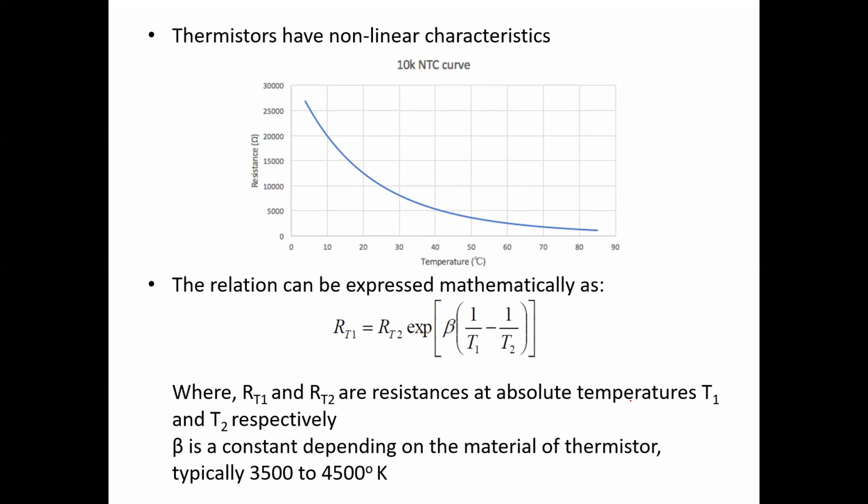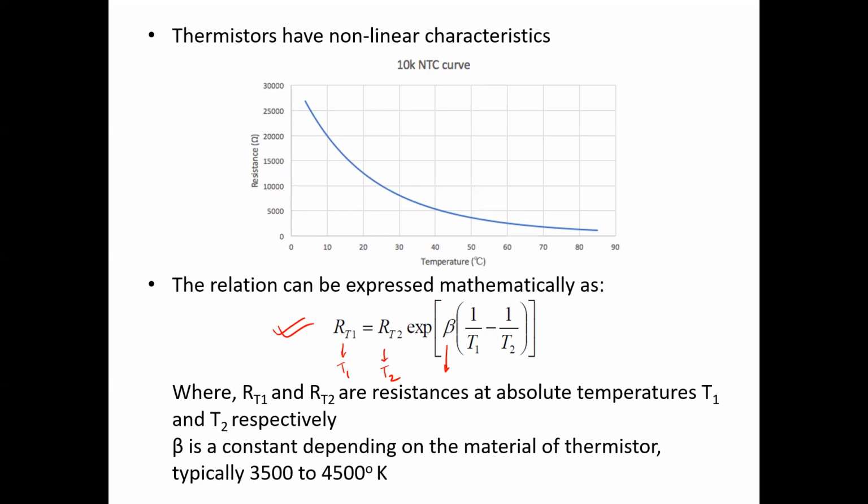Now, the relation between the resistances at different temperatures can be approximated through this nonlinear equation, where RT1 is the resistance at temperature T1, RT2 is the resistance at temperature T2, and beta is a constant depending on the particular type of material used to construct the thermistor.